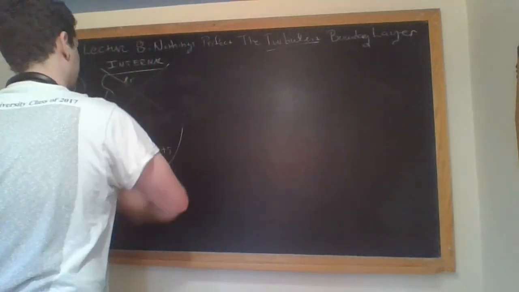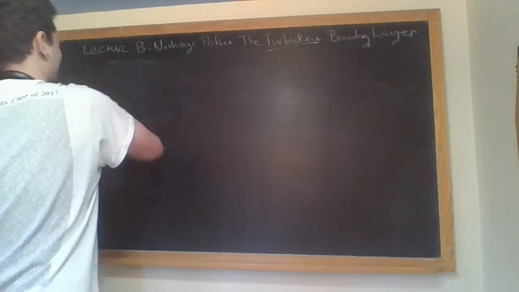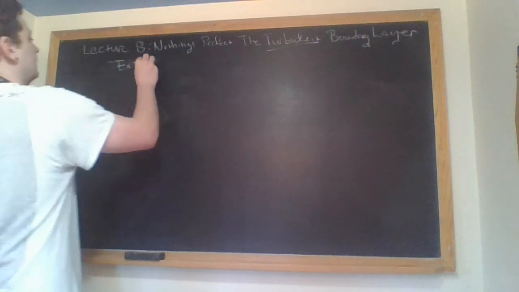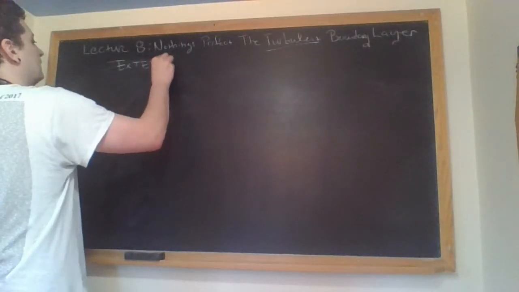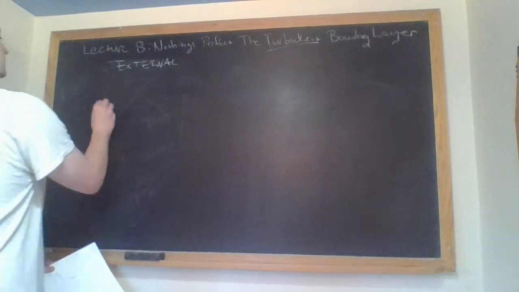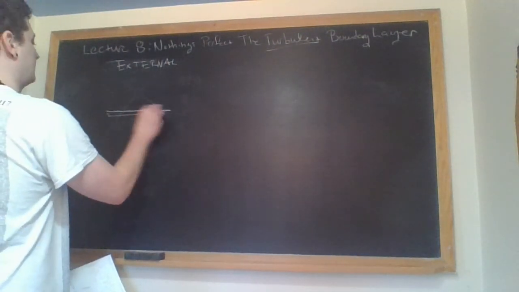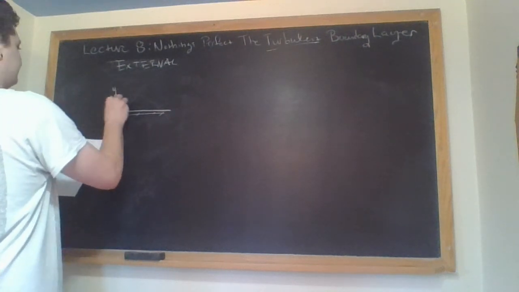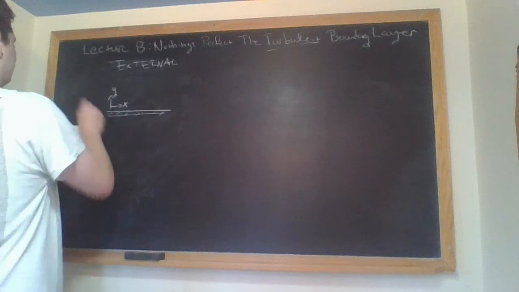So let's go back now to the external case. We're going to see the same thing play out. What we did before, we took the simplest case, the long flat plate.